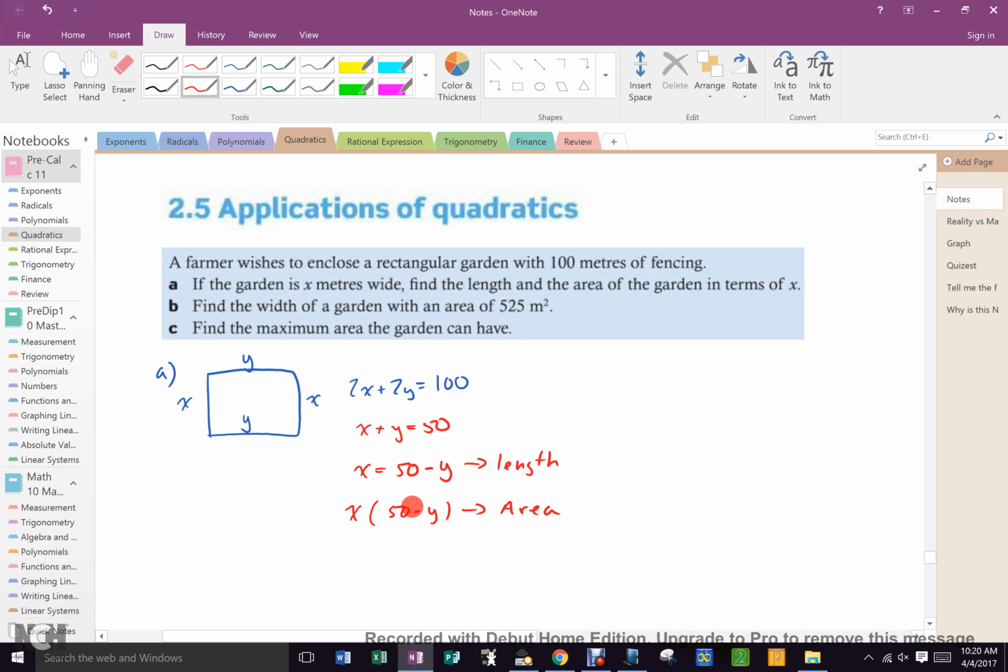What can I do with that? I could expand it, yes? What's the problem with it? Everybody understands why this works, right? What's the problem with what we've written here? Still two variables. A bit annoying because of that. It's got two variables. Yeah.